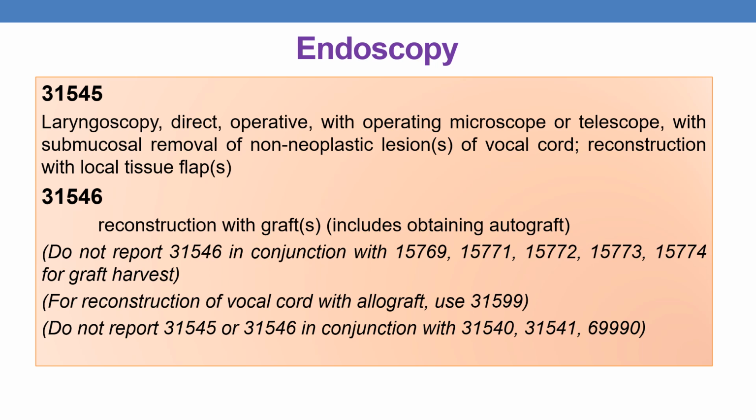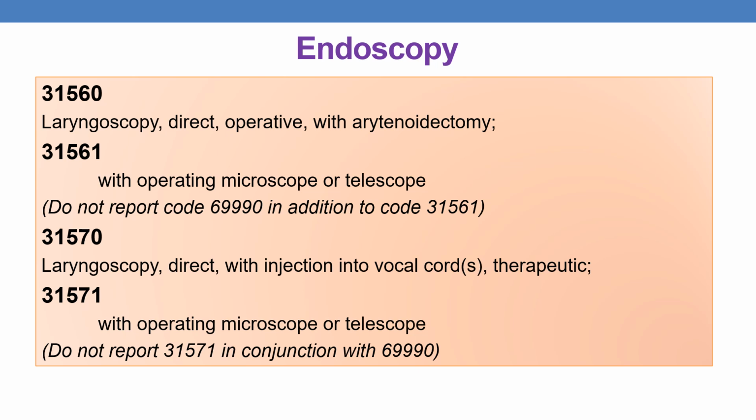And for reconstruction of vocal cords with allograft, use 31599 and do not report 31545 or 31546 in conjunction with 31540, 31541 and 6990. The next CPT is 31560.